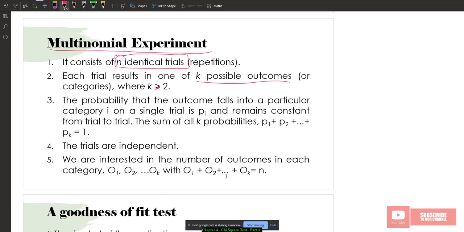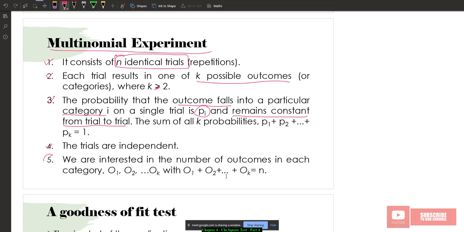Whether live or die. The third condition is that the probability that the outcome falls into a particular category on a single trial is p_i and remains constant from trial to trial. Conditions 1, 2 and 3 follow the binomial distribution, and number 4 is also the same: each trial is independent.